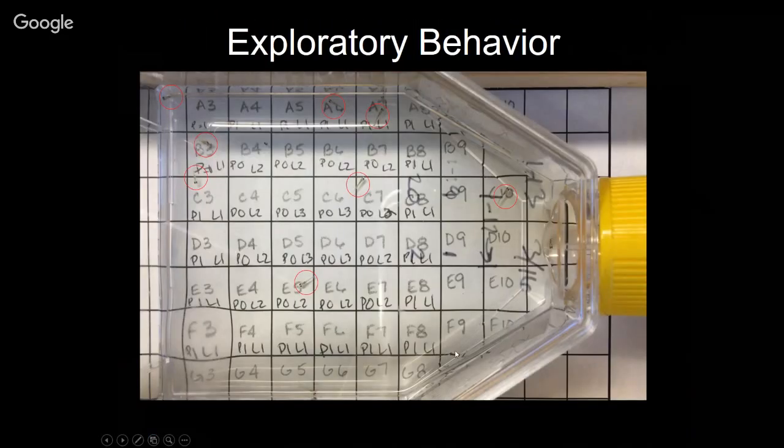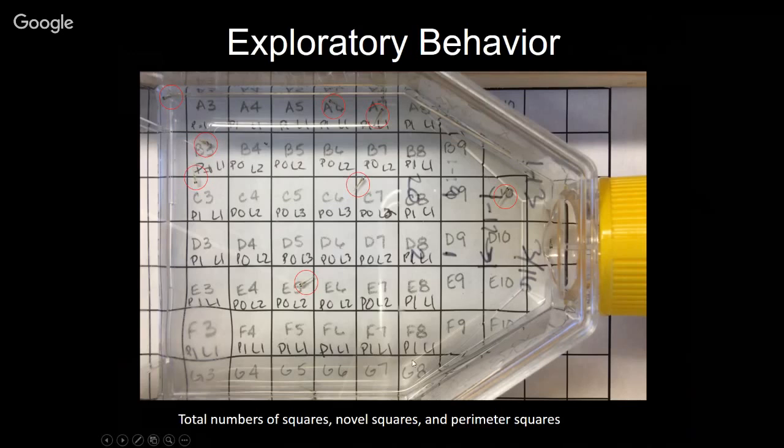We looked at behavior by putting these flasks on a grid and looking at the movement of individual fish. So here's an individual fish on our grid, and we looked at the total number of squares that these fish moved through, and the number of novel squares that they moved into. So did they just go back and forth between these 2 squares, or did they go exploring all over the flask?